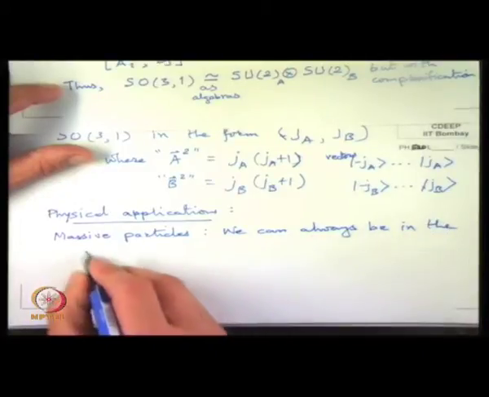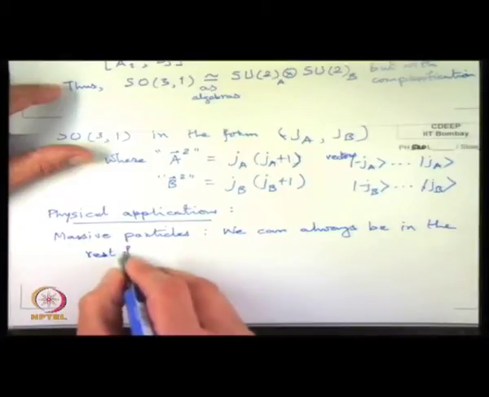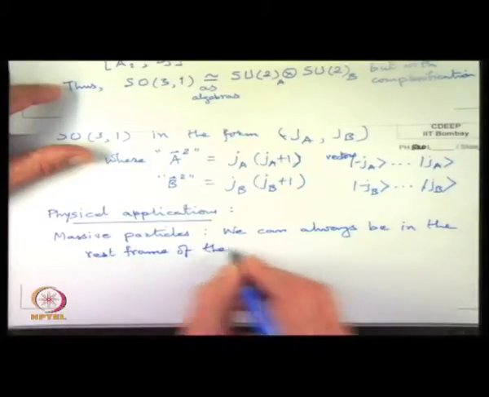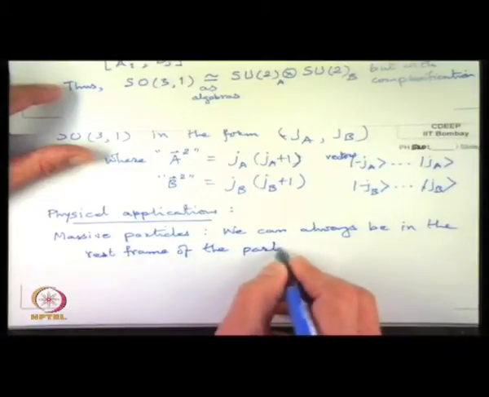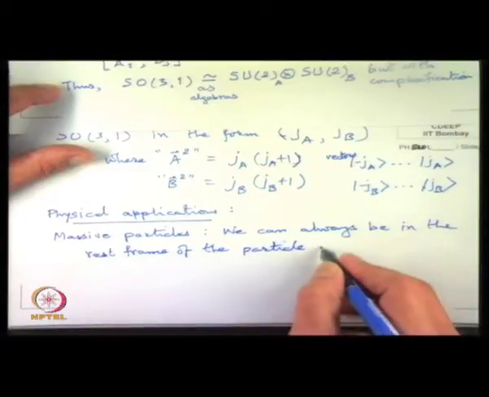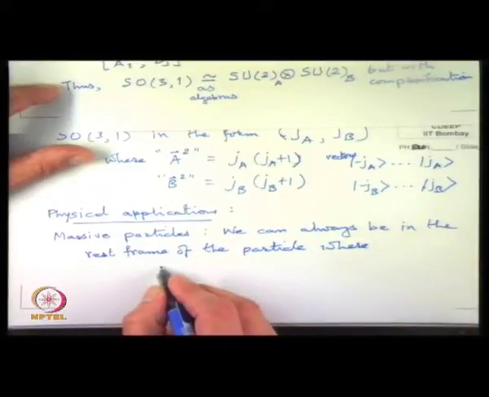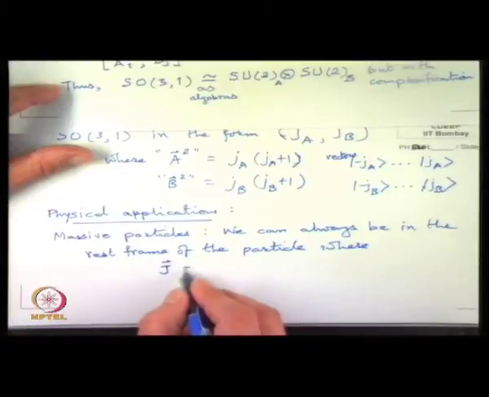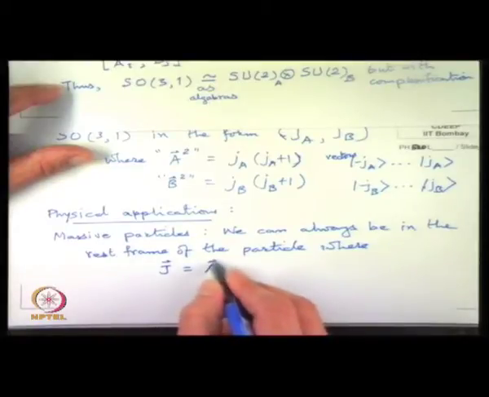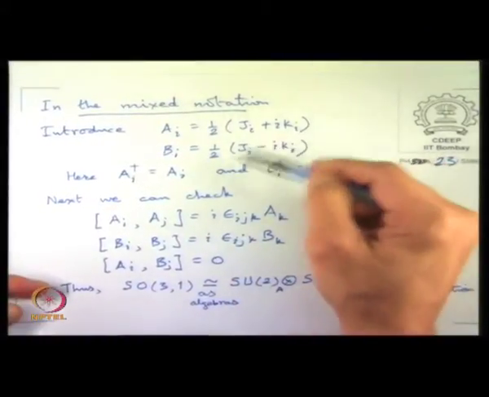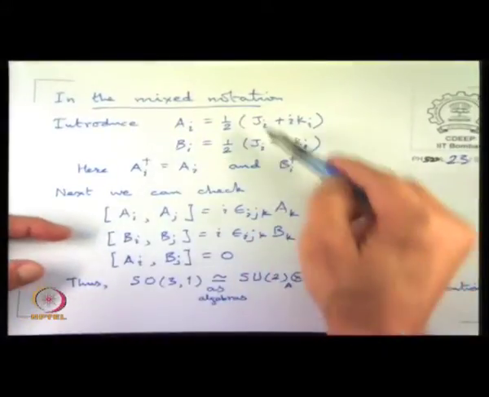In the rest frame of the particle, in which case it will be the J really, which happens to be equal to A plus B, because we defined A and B like this. If you add, you get J back.